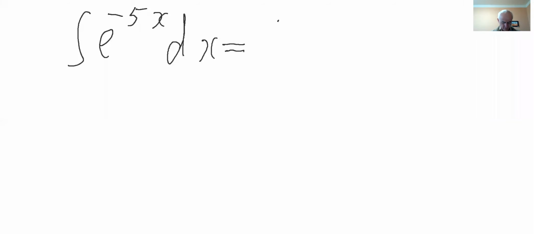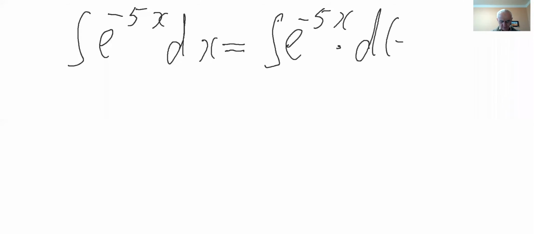Not derivative, I guess you mean d. So you think I should write e to power minus 5x d minus 5x, and a coefficient like minus 1/5? Will it work for negatives as well? Yes.